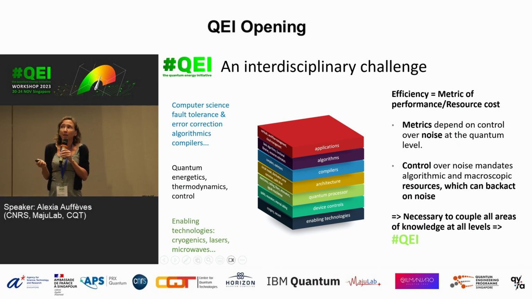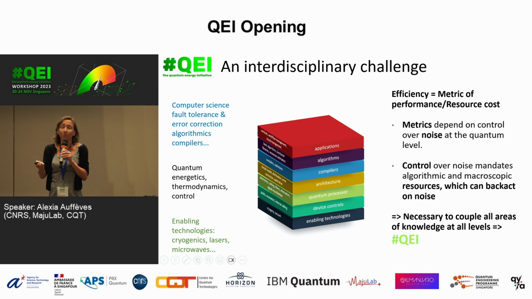And so, usually, the metric of performance depends on a fight between noise and control that takes place at the level of the quantum processor, in the very heart of the stack. But to have a good control over noise, you need resources. And these resources can come from the upper part of the stack, from counting gates, physical qubits, number of complex operations.